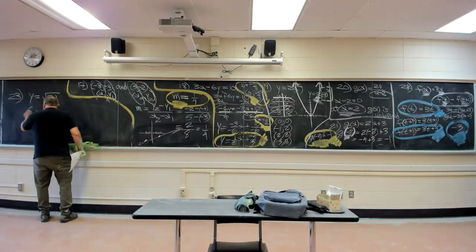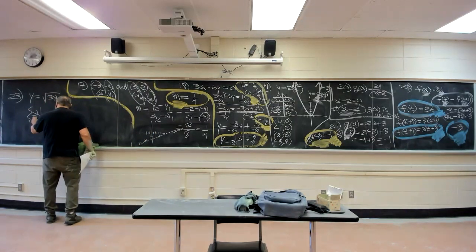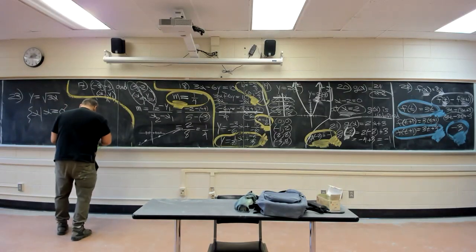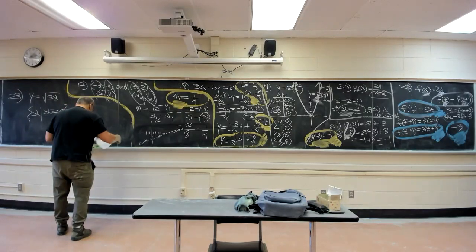Domain is the set of all x, such that x is greater than or equal to 0. They kind of wrote it out a little less rigorously. All real numbers greater than or equal to 0.